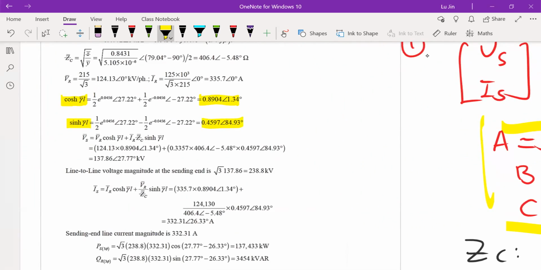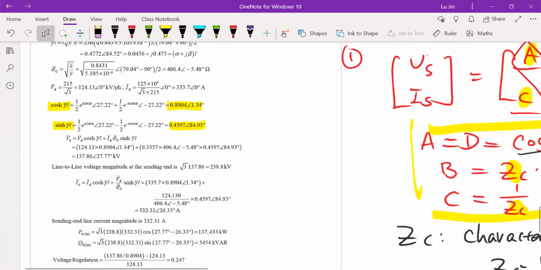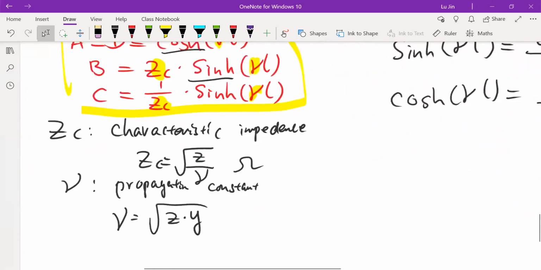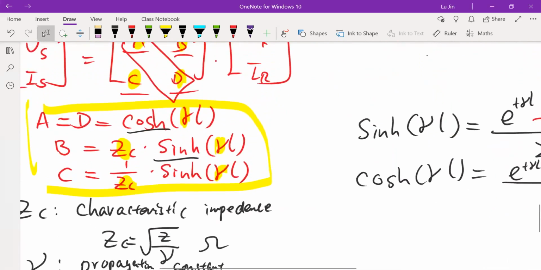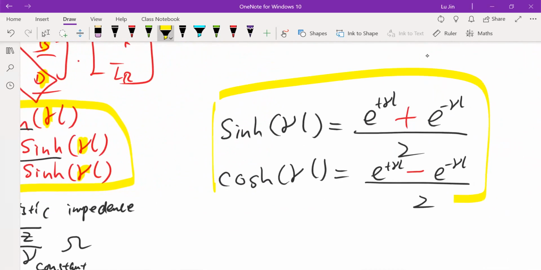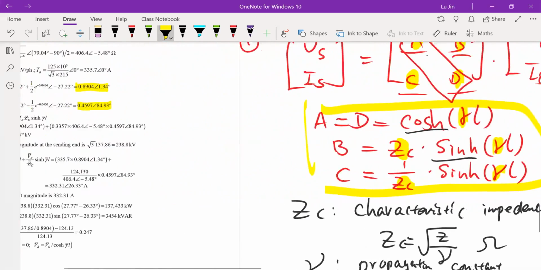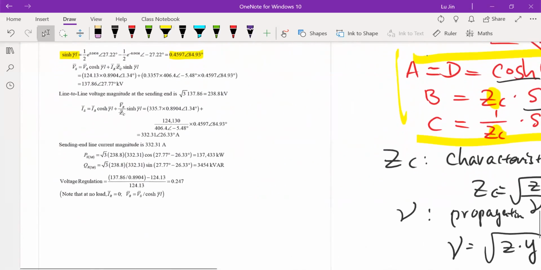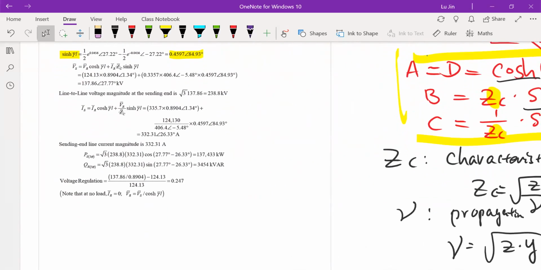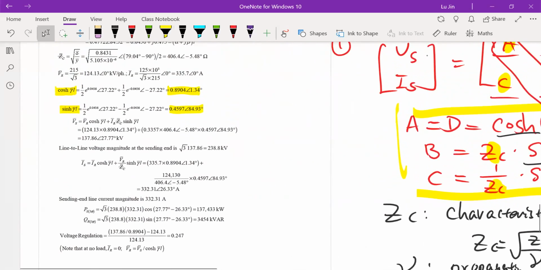Sorry guys, I'd like to skip this calculation. It should be very easy for you, and I don't want to take too much time on this. The cos and sin functions are calculated like this, and the formulas used for these 2 calculations are given here. Please refer to this plus the information given in the lecture to understand the calculation. Okay, so these 2 things are calculated. And for the ZC, let me check.